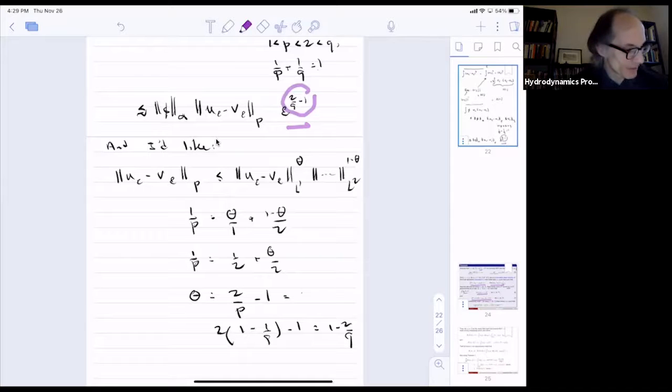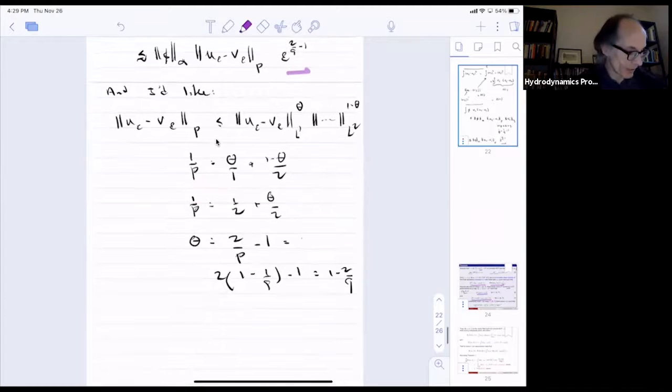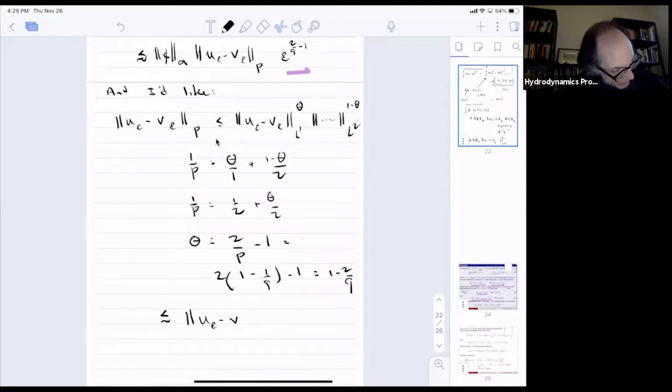Okay, and so let's continue. This is the L1 norm of u epsilon minus v epsilon to the 1 minus 2 over q, times a constant, because the L2 norm is bounded by a constant, and when we raise it to a power, it's still bounded by a constant.